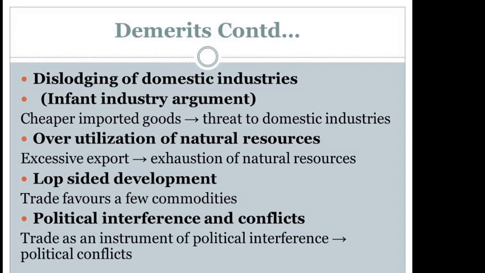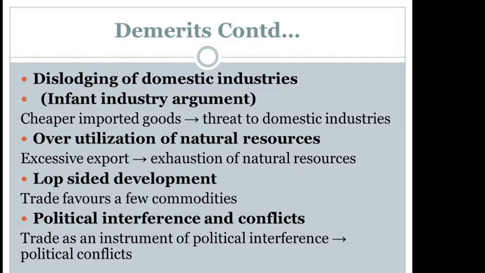So what happens? These industries may be driven out of market. Domestically produced goods may be of high price, but the same commodity can be availed at a cheaper price through import. Naturally, people will be demanding the cheaper imported goods.